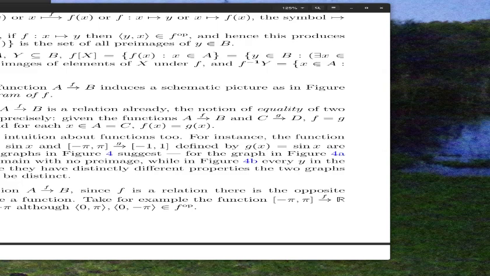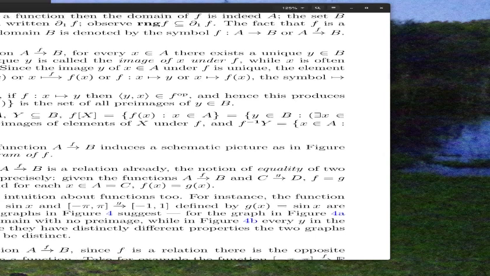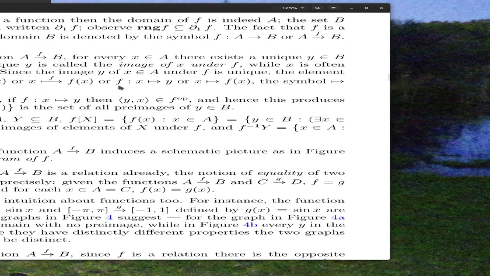Now, if I wanted to be very cheeky, I would say, well, look into remark 5.3, when I write that the unique element y is alternatively written as f(x), or x maps to f(x) under f, or f colon x to y, or x goes to f(x). So if I am really cheeky, I would say y equals f(x) is the formula, but we will still not be satisfied with it.